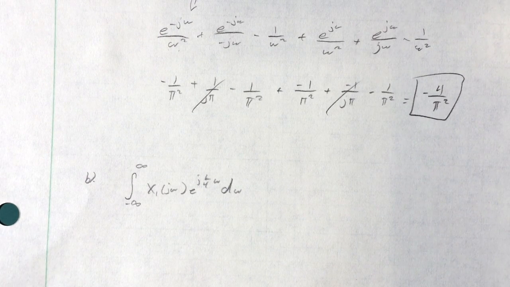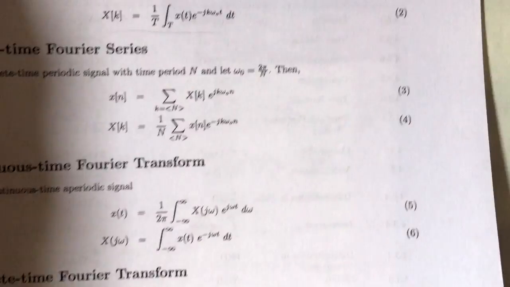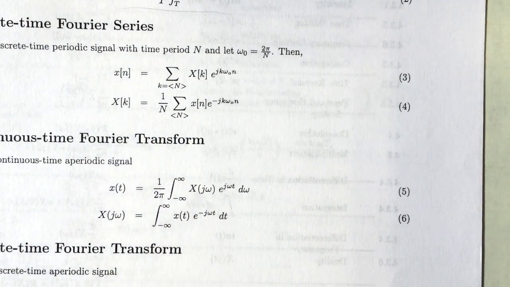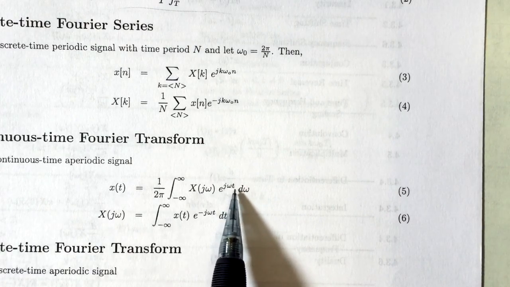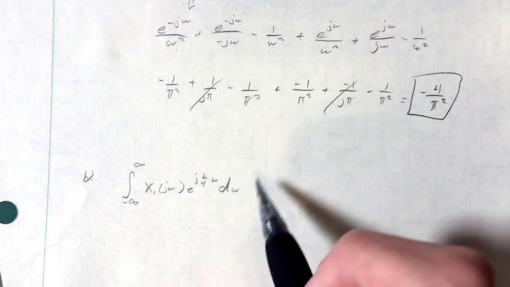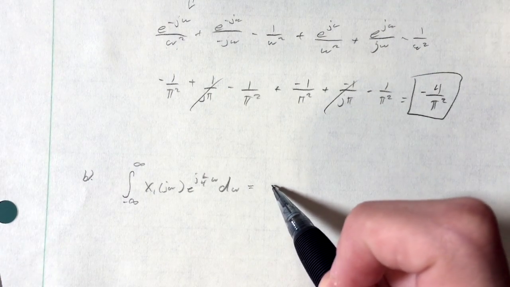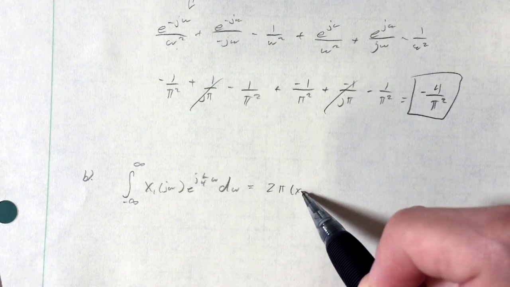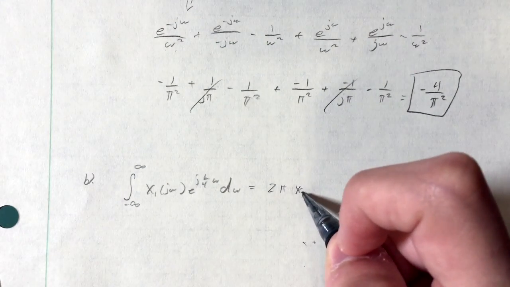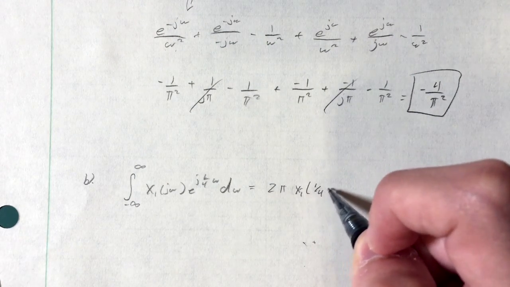This should look fairly familiar, and if you notice, going back to our packet, this is the inverse Fourier transform, just without the 2π. Very similar, but as we see, t is replaced by 1/4. So this actually gets us 2π times x1 evaluated at 1/4.